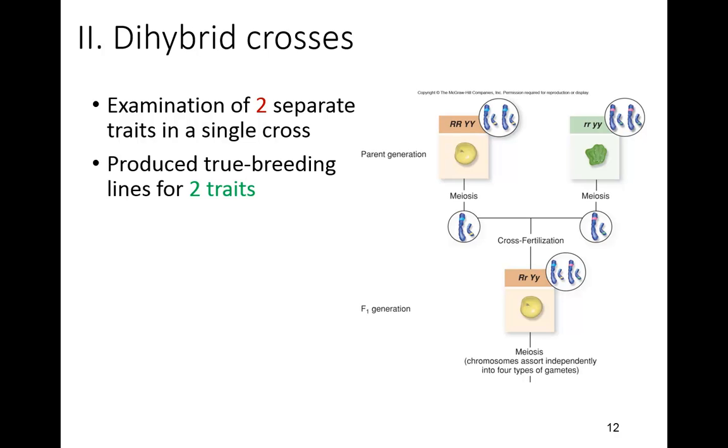Alright, a dihybrid cross then gets a little more complicated because here we're looking at two separate traits in a single cross. So we're looking at, in this example, the color and then the texture. So it can be either yellow or green, or it can be either smooth or wrinkled.